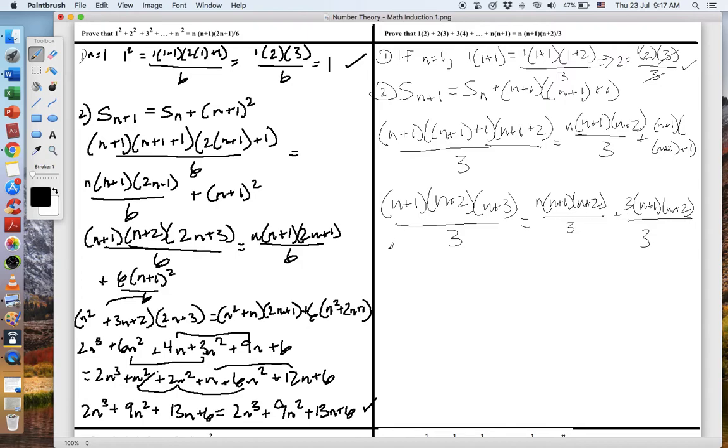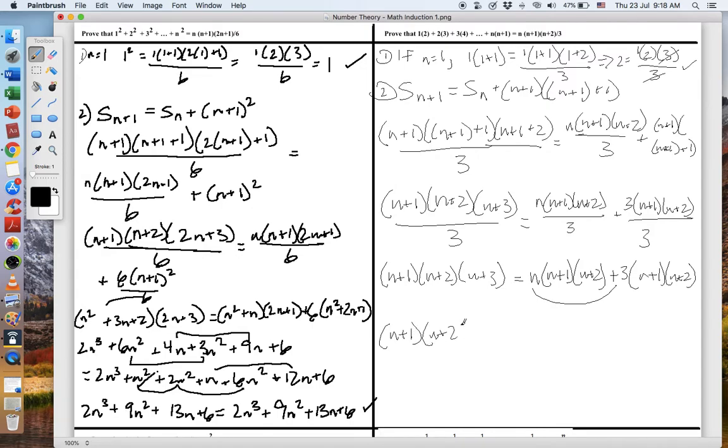We get rid of all those denominators and we end up with n plus 1 times n plus 2 times n plus 3 is equal to n times n plus 1 times n plus 2 plus 3 times n plus 1 times n plus 2. And so here we see we can use the distributive property, and we're going to rephrase that right hand side.